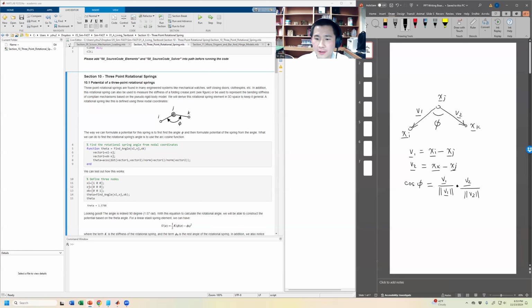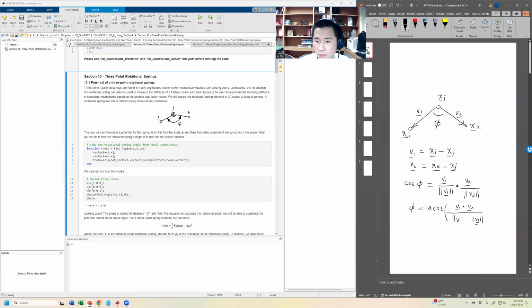And after that, to find the phi angle, we just take the arc cosine of this entire value on the right, where on the top is v1 dot product v2, and on the bottom is the norm of v1 times the norm of v2.